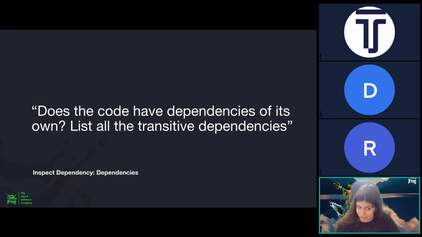And dependencies. So does the code have dependencies of its own? Maybe there are indirect dependencies that are just as bad for your program as direct dependencies. So a dependency manager can list all the transitive dependencies of a given package, and each of them should ideally be inspected as described in this section. So we want to make sure that we have everything.